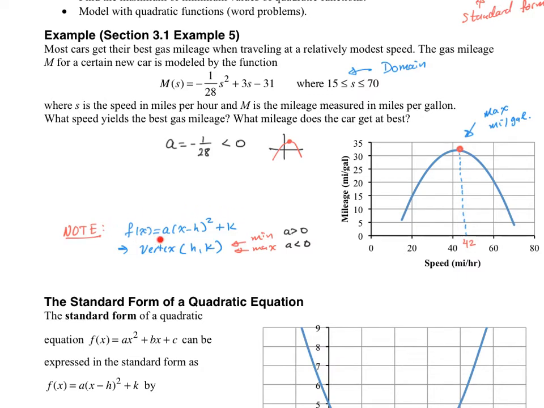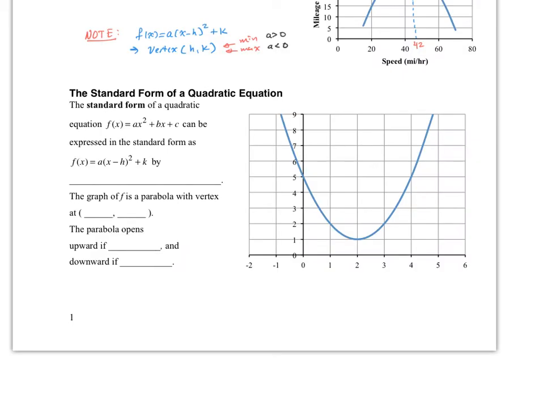If you have it in standard form, it's very easy to figure out the vertex. If it's not in standard form, which will be something like this, then there is an equation to figure out the vertex. What you need to understand is that this and this are exactly the same thing. It's just a different way of rewriting the same equation. I just mentioned this right now, but let me repeat it one more time.